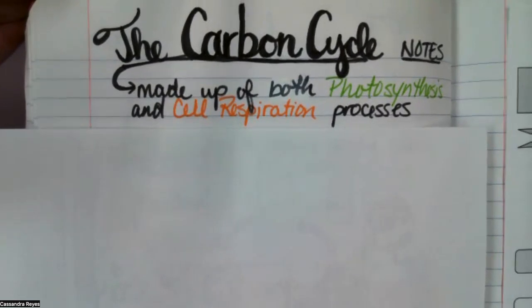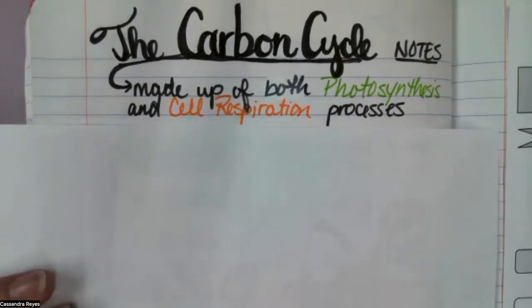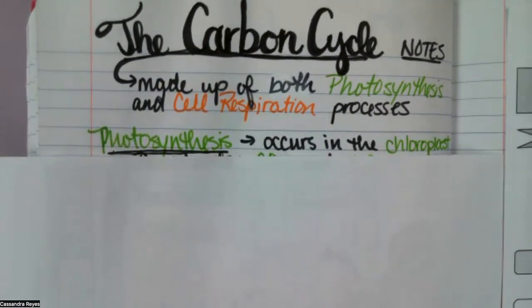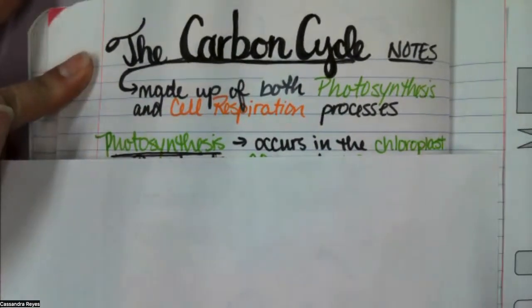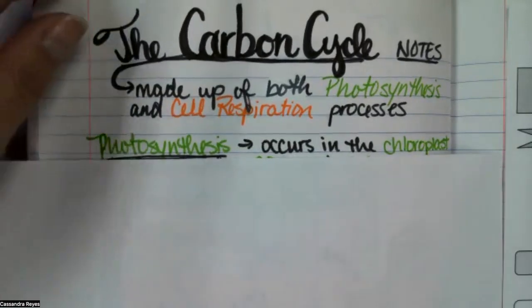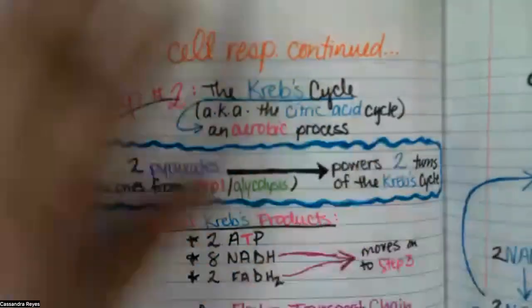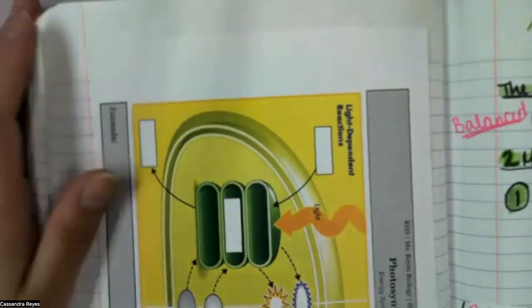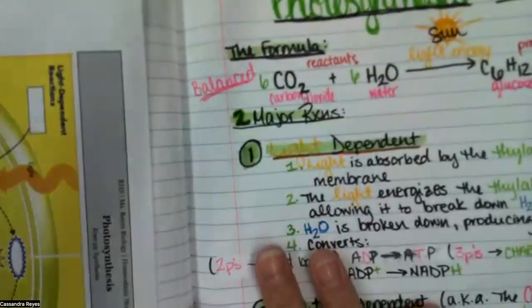So we're going to start off by doing a quick review of photosynthesis. And if you think back, photosynthesis is going to occur in this organelle called the chloroplast. So why don't we look back here really quick? Okay, so here's my fermentation notes, here's my cellular respiration notes, and here is photosynthesis, right?